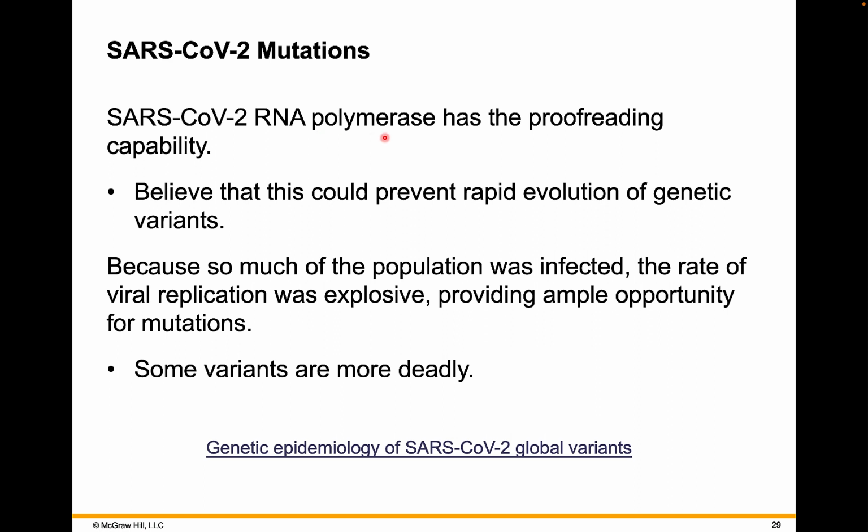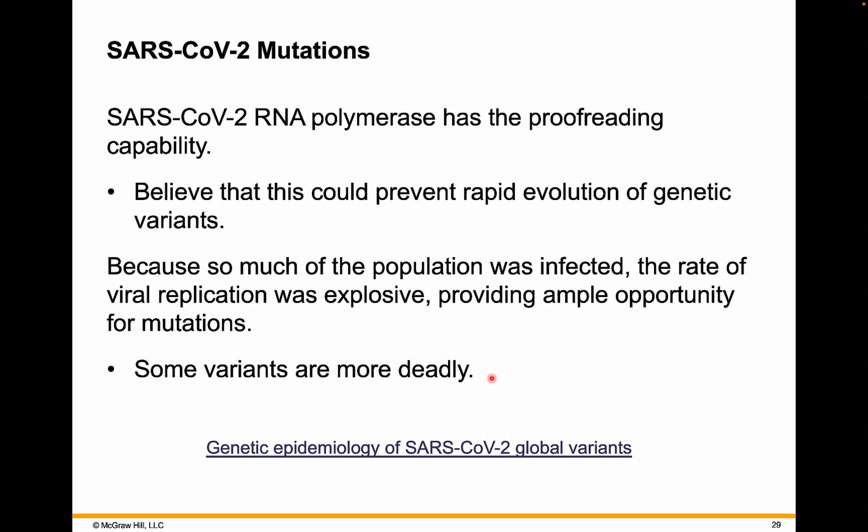But interestingly, that RNA polymerase is the only one in the RNA virus world with proofreading capability. Coronaviruses are the largest of the RNA viruses, and only the coronaviruses have these RNA-dependent RNA polymerases with proofreading ability. But even with their proofreading ability, we are seeing so many different variants.